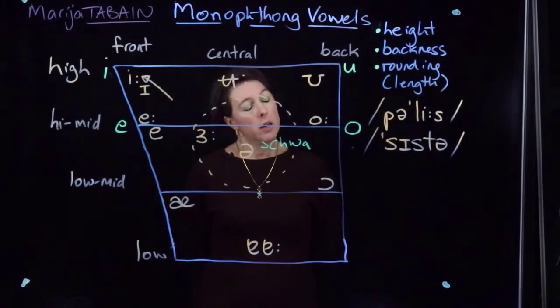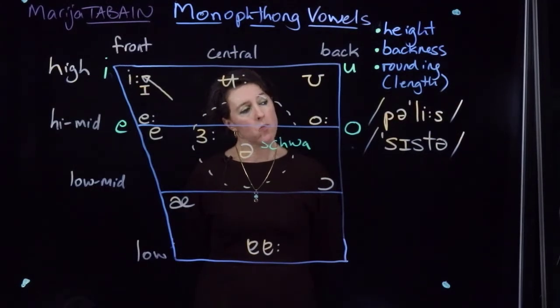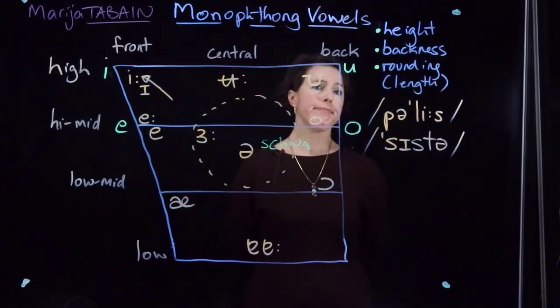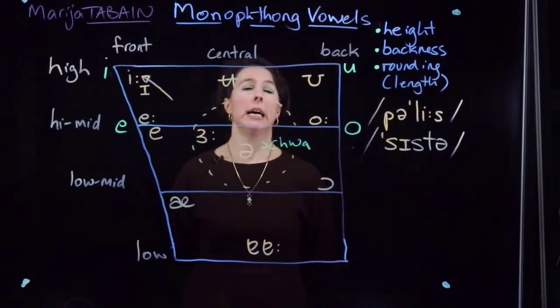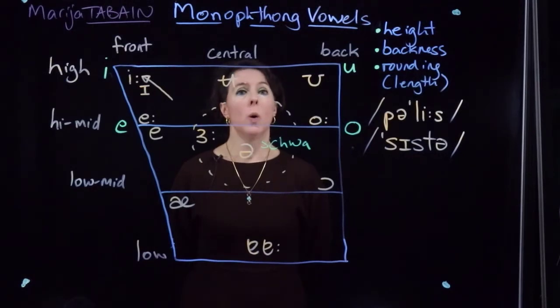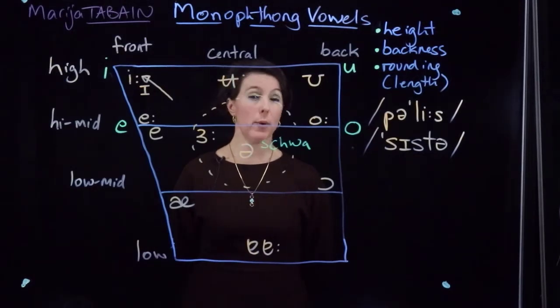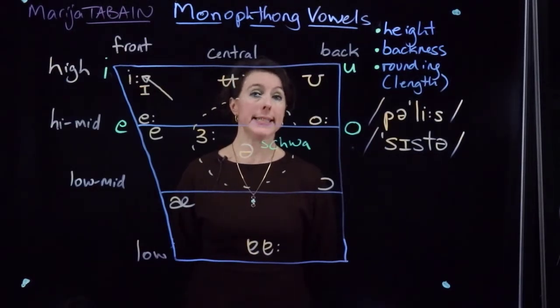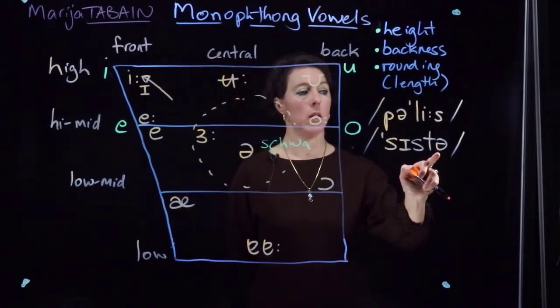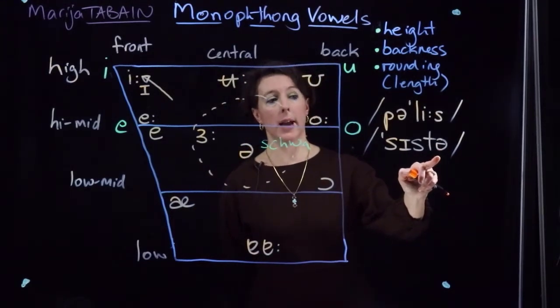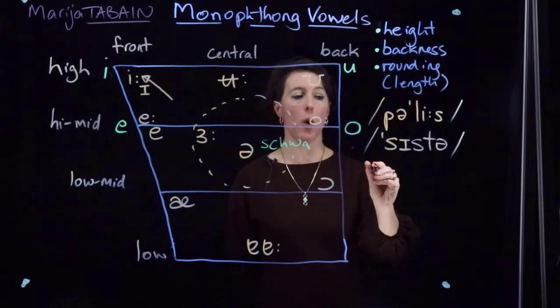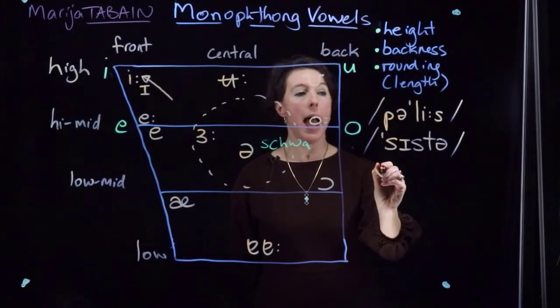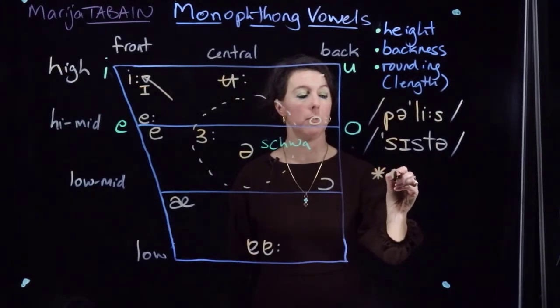I need to make a point here. In English, words cannot end with a short vowel unless that vowel is schwa, okay? So we cannot have a word like ni. Asterisk actually means it's not allowed, okay?